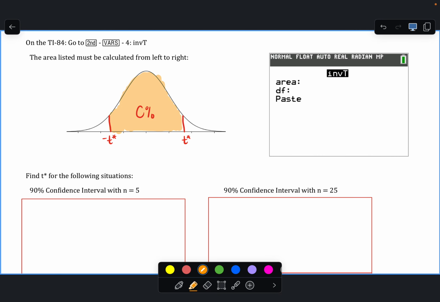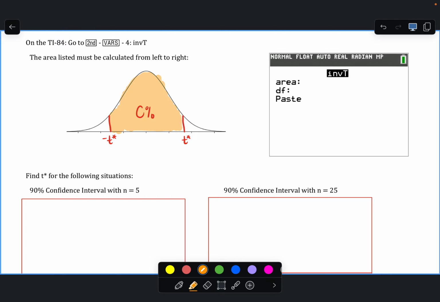So whenever I say I'm 95% confident, that 95% area is in the middle of my distribution. It is bound by two critical values. Normally we said Z star, negative Z star, positive Z star, but in the case of T distributions, it's negative T, positive T.